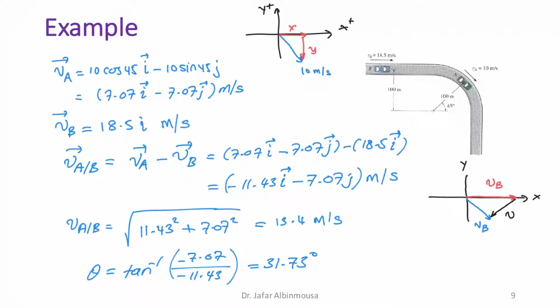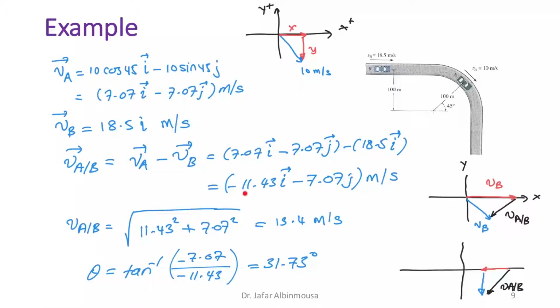Now, the relative vector is going to be this one. This is VA with respect to B. Now, let me draw this again. If I draw this again, and I have VA with respect to B, then this vector is composed of two components, negative x and negative y. Is that right? This is actually what we got.